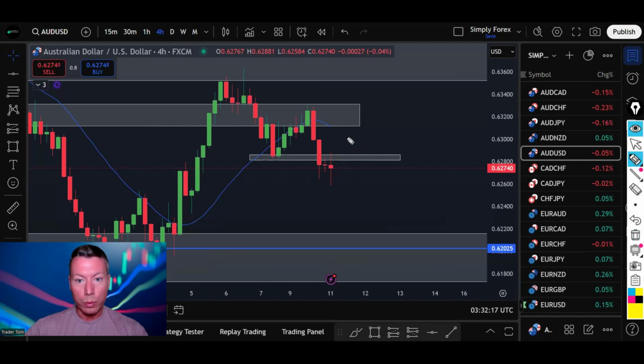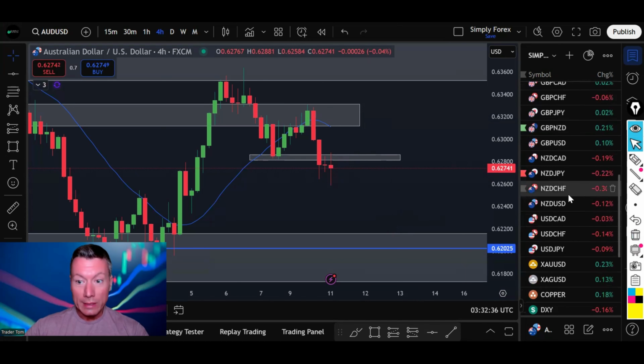Again, I will just wait for a bearish candle to form somewhere in here, and start selling Aussie dollar, US dollar. If it breaks this level, I'm not interested because that would be a H4 structure break. But if we get a bearish reaction in here, then we can start selling Aussie dollar, US dollar.